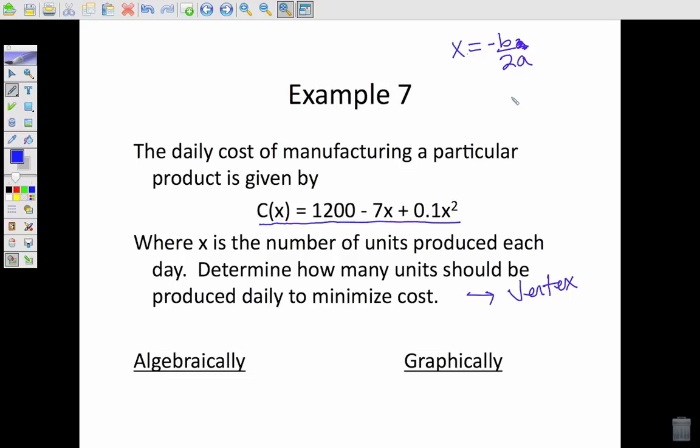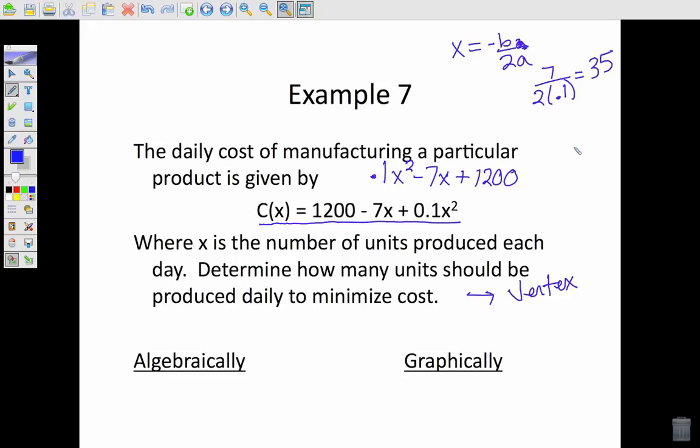Before I do all of the information, we want to maybe write this in order. So you've got 0.1 x squared minus 7x plus 1200. Okay, now we're going to do 7 over 2 times 0.1.